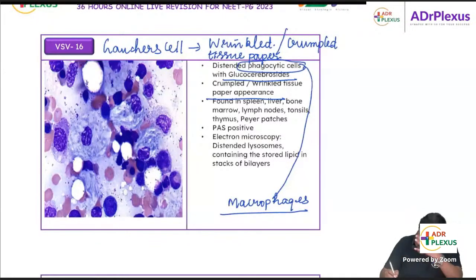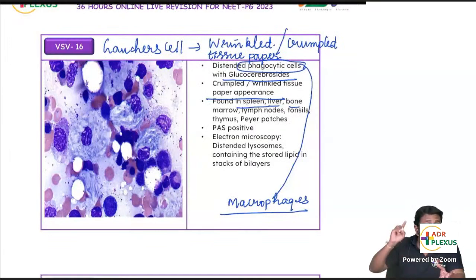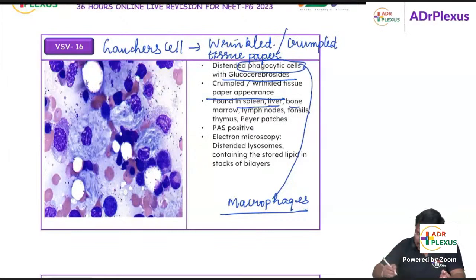These cells can be found in spleen, liver, bone marrow. Please remember, it is not limited to bone marrow. Bone marrow is where you commonly demonstrate them, but Gaucher cells can be demonstrated in spleen, liver, lymph node, tonsil, thymus, Peyer's patches.